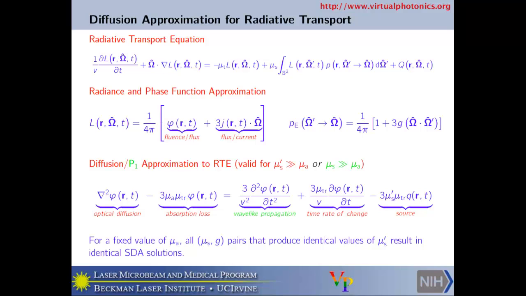In this case, you have the gradients of your local fluence rate driving the spatial distribution of photons. Unlike heat transfer, for instance, you can actually extinguish photons. So you actually have a loss term due to absorption. So that's the second term here. And this gives you a spatial attenuation rate, which we'll talk about later. So this second term is an absorption loss.